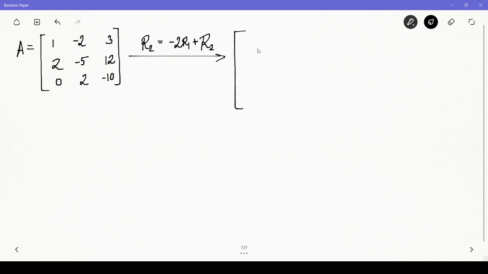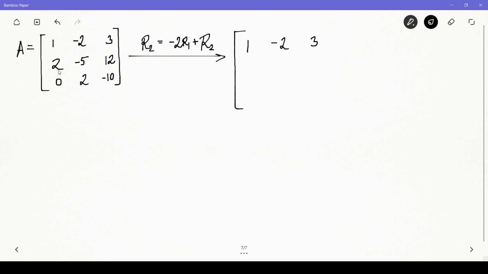Our first row will remain as it is. We are not making any changes to our first row because it does not concern our upper triangular matrix. Our goal was to make this 0. We have 2, which is being added with minus 2 times 1, which is minus 2.